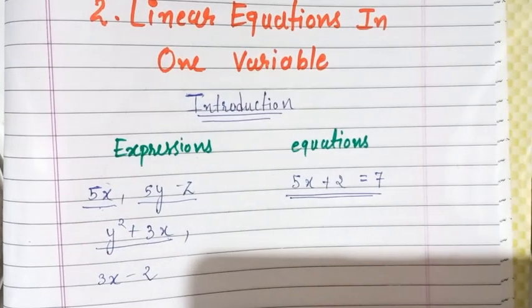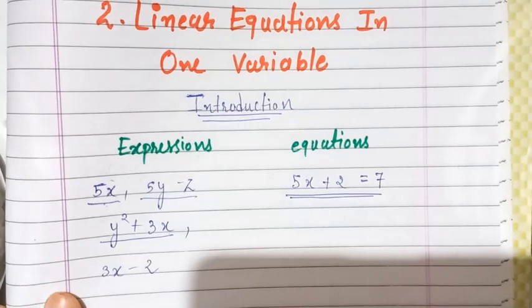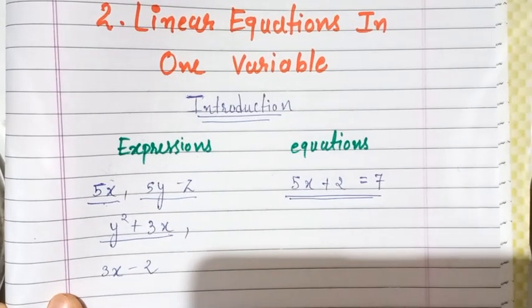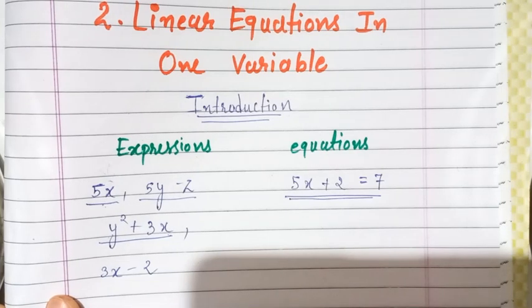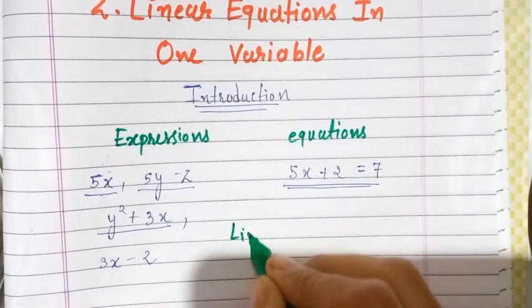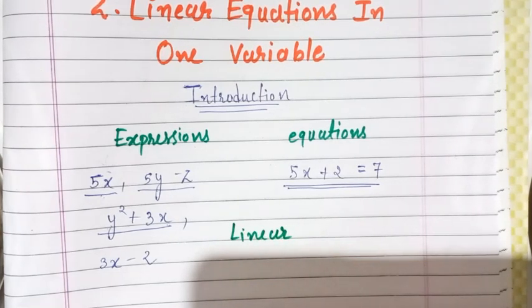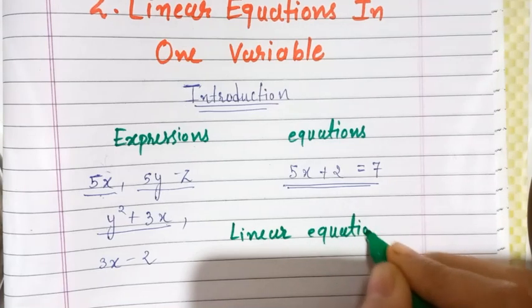What does the term linear mean? Okay, we learned what is a variable, what is an equation. Equation is where we see the equality sign. And what is linear? So now let's understand what is a linear equation.